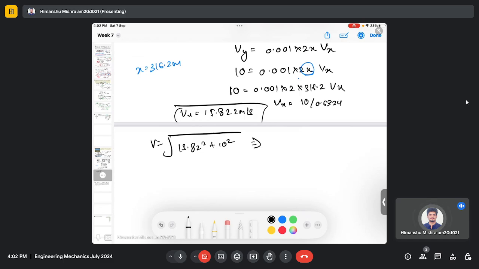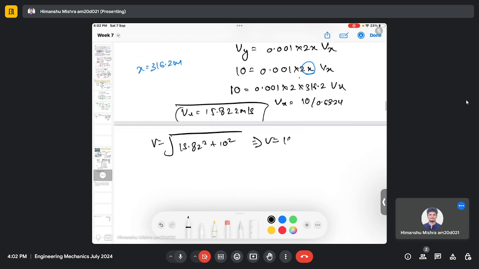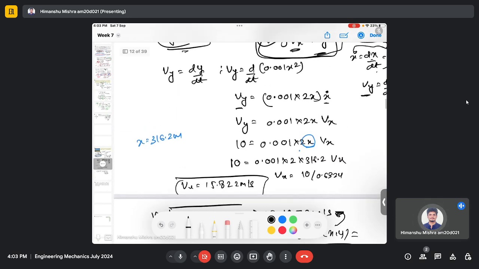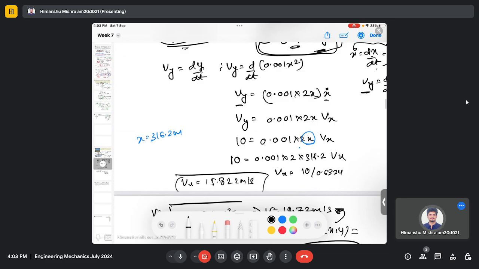On solving you will get V as 18.72 meter per second. So this is the velocity at x comma y equals 316.2 comma 100. At this position this is the overall velocity, and to find it we first found the velocity components Vx, and Vy was already given in the question.